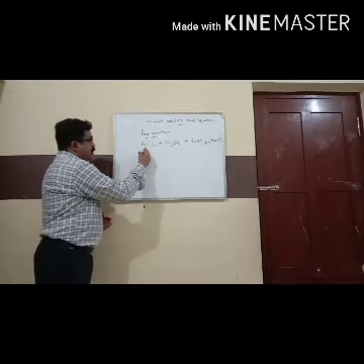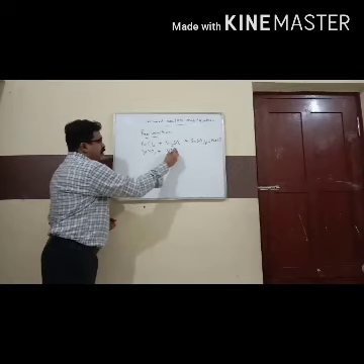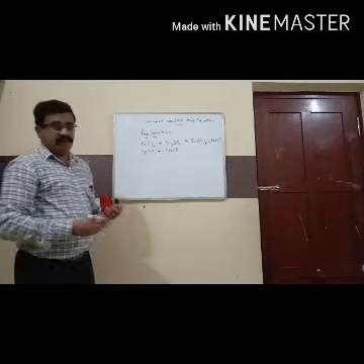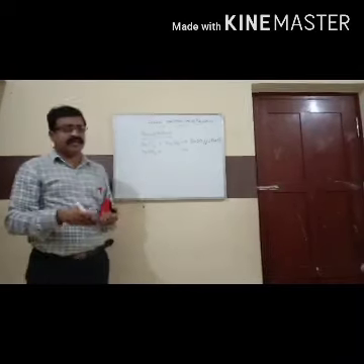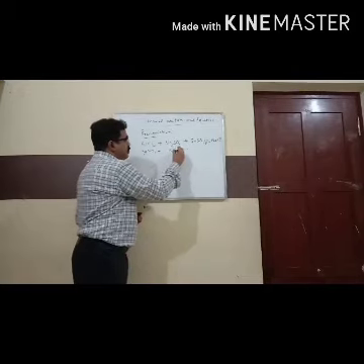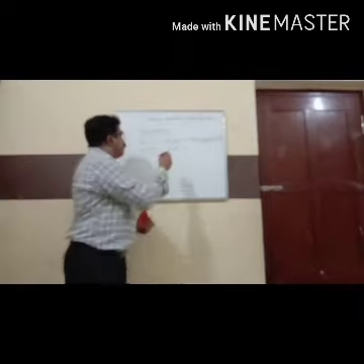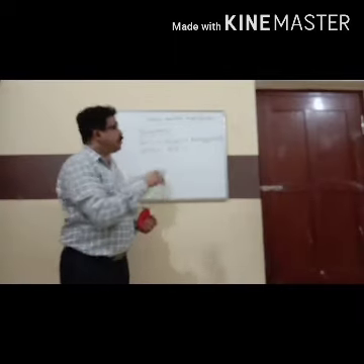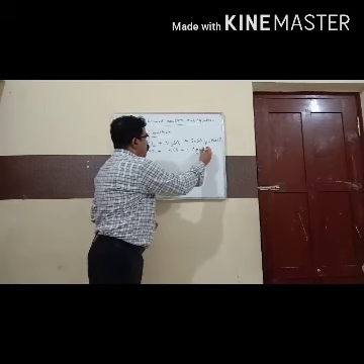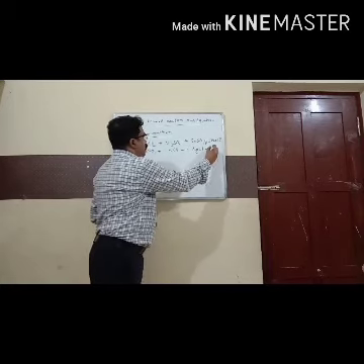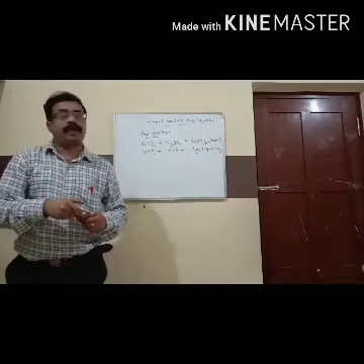One more example I have discussed: silver nitrate AgNO3 plus NaCl, sodium chloride. I will take here KCl, potassium chloride, react with silver nitrate to give AgCl, silver chloride plus KNO3, potassium nitrate.